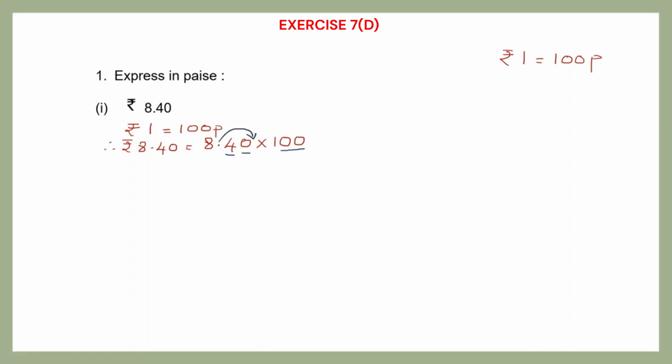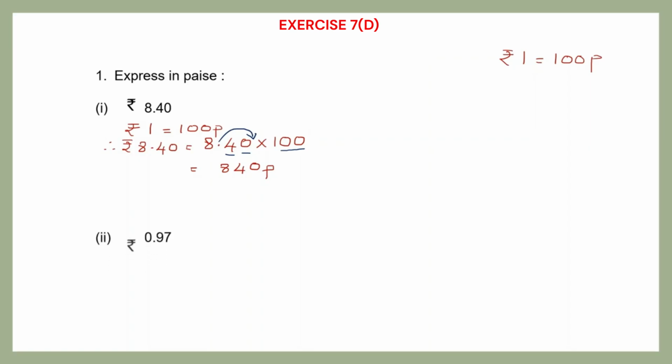So in this case, it comes here. So what do we get? We get 840.0 or simply 840, and we have converted it to paise. We need to put the small p there. So we have converted this question 8 rupees 40 paise into 840 paise.